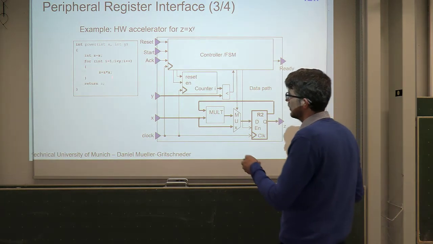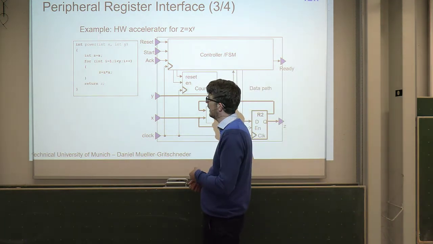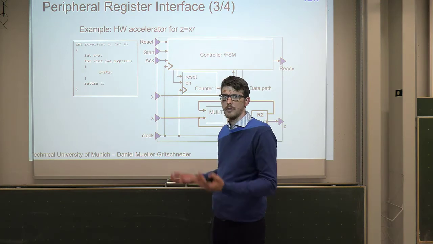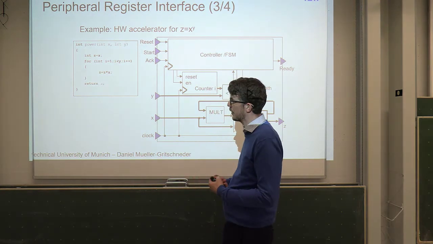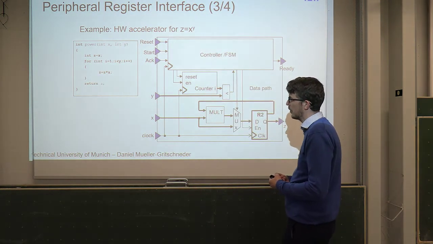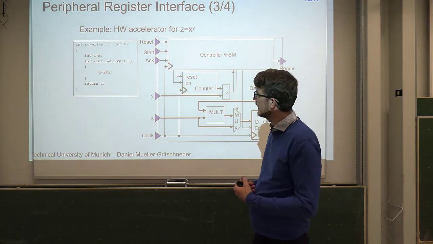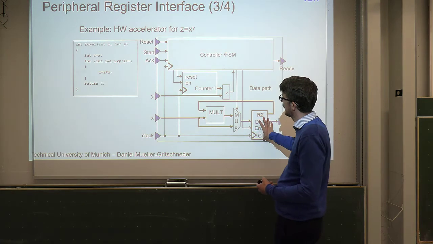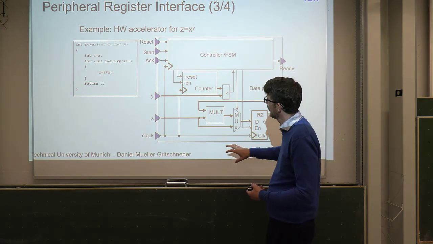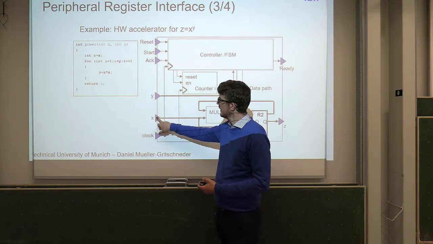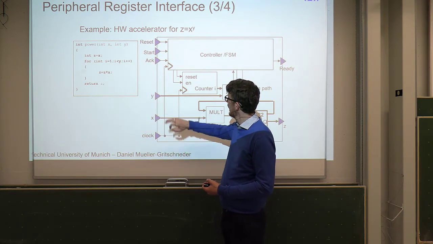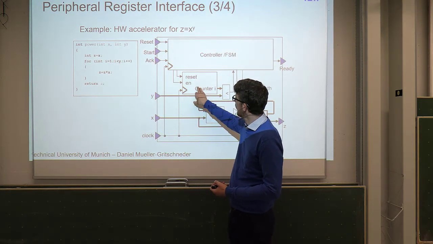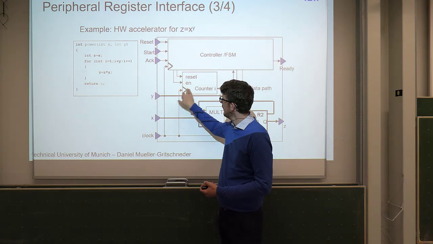And you don't want to do this in software, so you don't want to spend the effort, but you rather want an external device which is not part of your processor to do this. So you're now creating a hardware module which does this computation. Here you can see how this hardware module could look. You give it y and x at some inputs. Then it has a counter which counts from 0 to y.